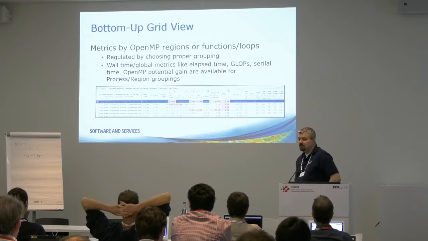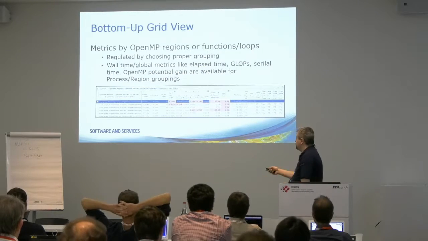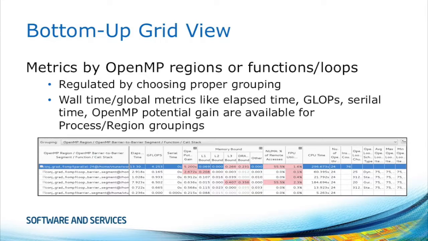And this is how it looks like. Again, grid view. Red means you've got a potential problem. So here, that's again your OpenMP loops, your OpenMP regions, your hotspots, or whatever you ask the tool to present to you. And then it tells you the potential gain. It tells you whether or not you're running out of the L1, L2, L3 cache, whether or not you're DRAM bound, whether you have other accesses, the number of NUMA accesses, how many of them are coming from a remote socket, and the FPU utilization.